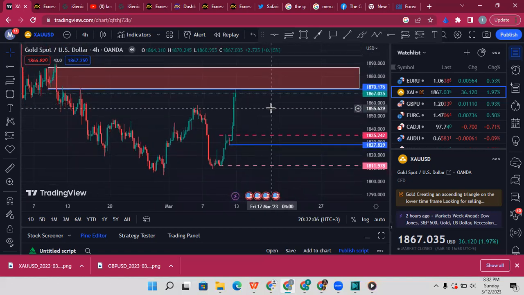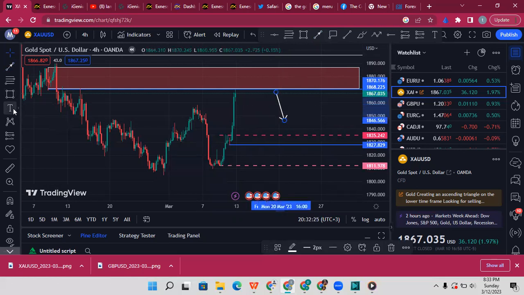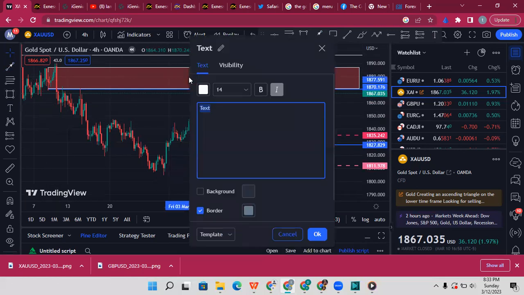So right now I think you've already gotten what we're waiting for gold to do. When price opens, we are waiting for gold to drop. We are waiting for a sell. That's right here, sell zone.